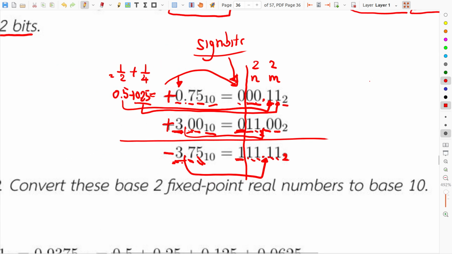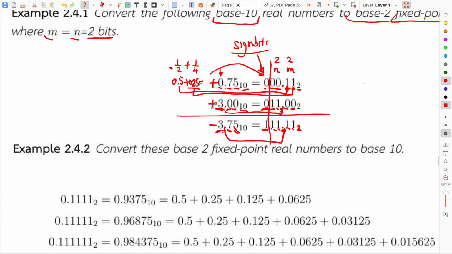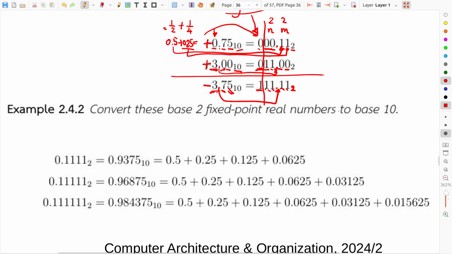Alright. Now let's try the opposite way. Convert from base 2 fixed point to base 10. Ready?